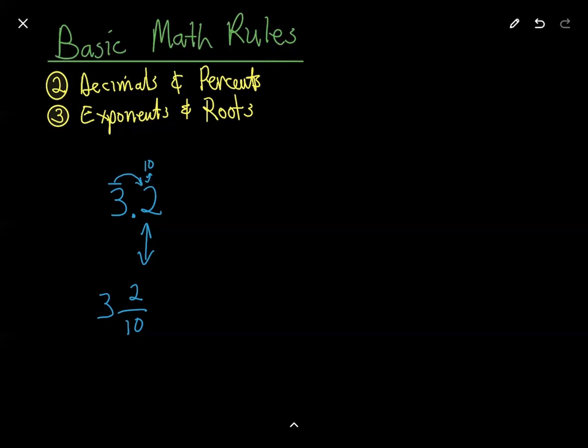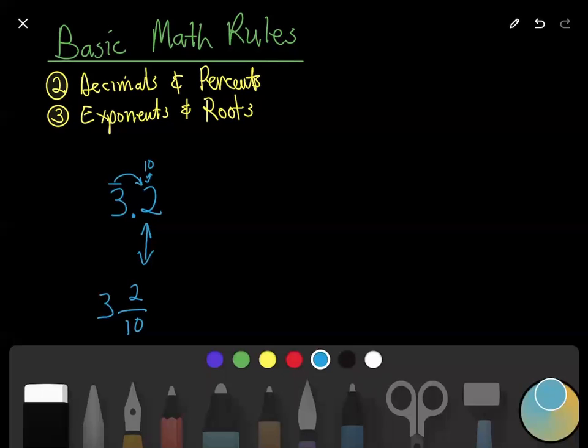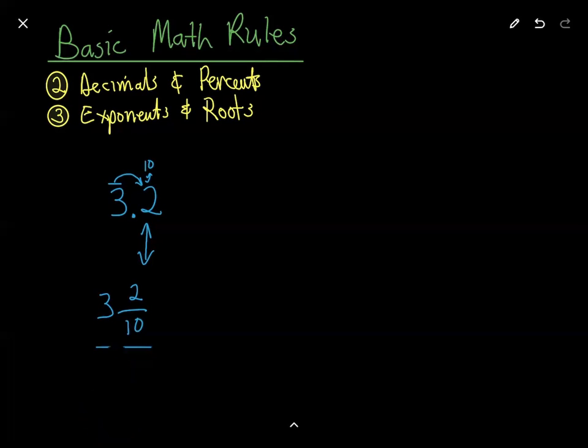Now, of course, you can reduce this down to 3 1/5, which is the way you were probably taught to do fraction reduction. But for purposes of this demonstration, I'm not going to do that so that we can focus instead on what decimals actually mean.